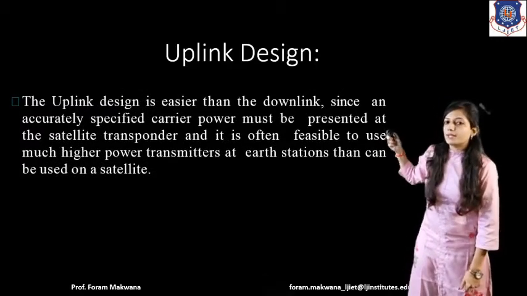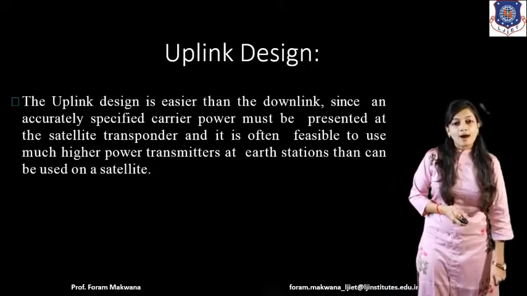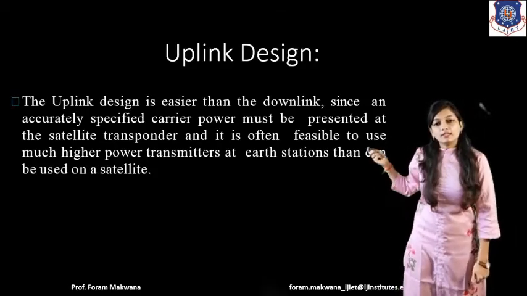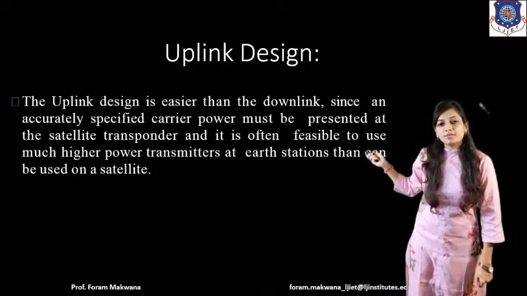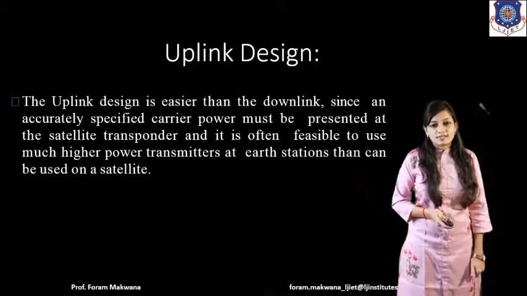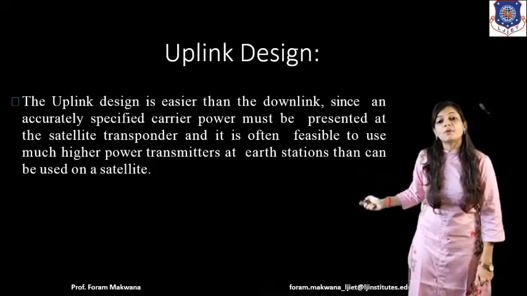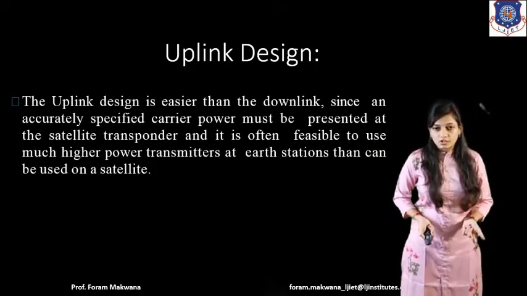This uplink design is much easier than the downlink. How? Because here we simply need a carrier power which must be present at the satellite transponder, and it uses a much higher power transmitter at the earth station.